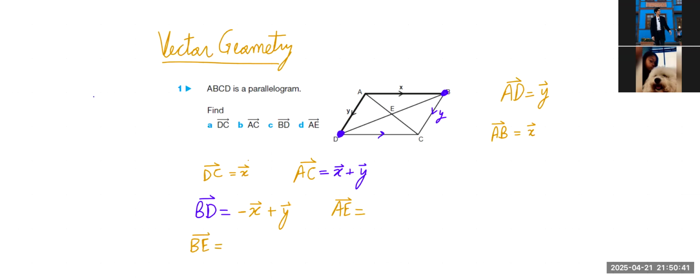So just this part, what is this going to be? Half of it. So how do I say that in vector math? Just put two underneath it. Yeah, or just write it like this, right? Yeah.